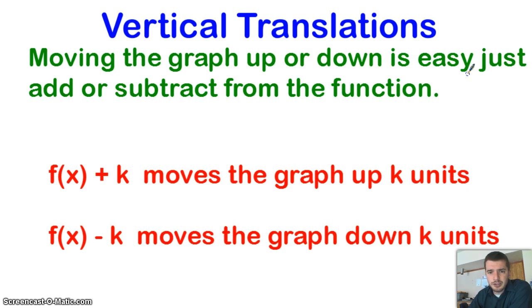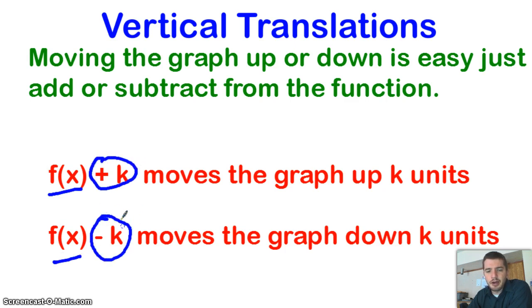Vertical translations are whenever you're moving the graph just up and down. So you're going to have a function, and there's going to be some outside number, plus k or minus k.